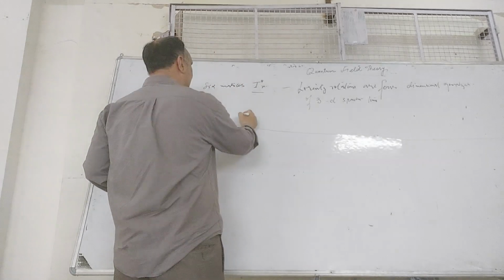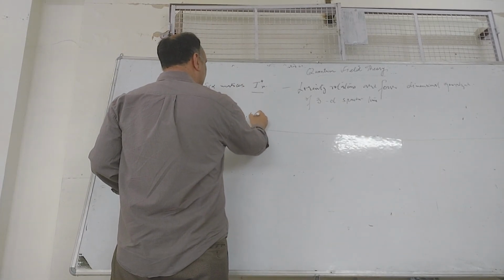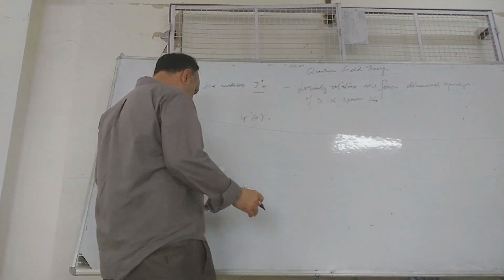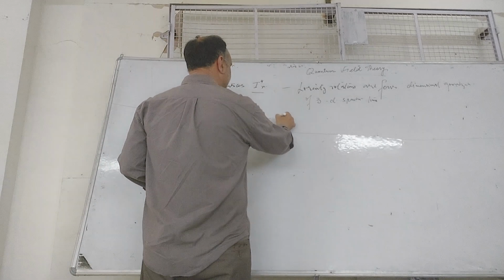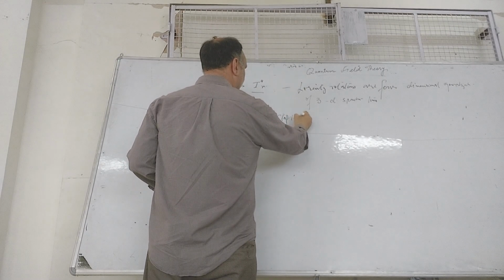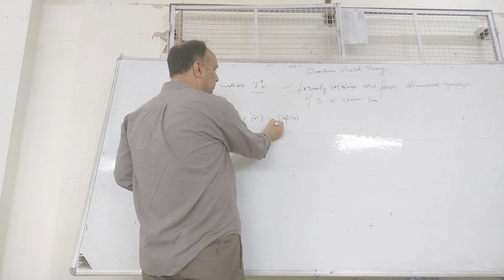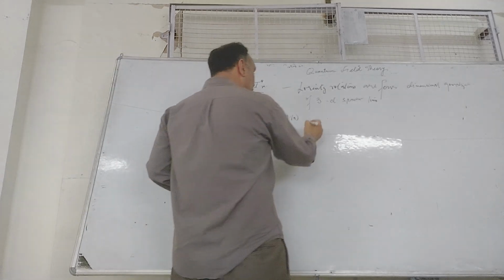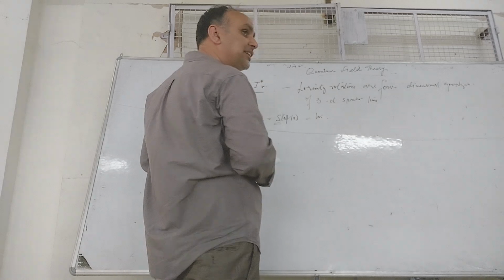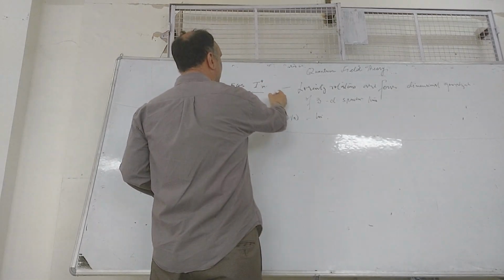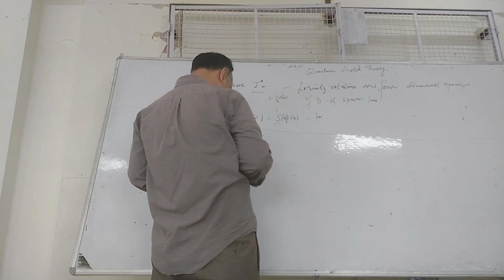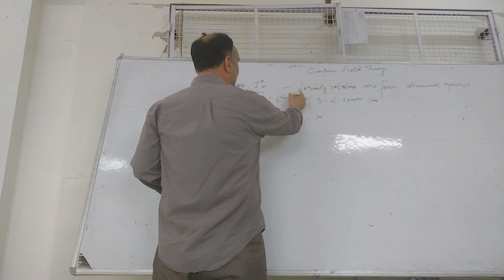So yesterday we had psi of x prime, this is one coordinate system. It's being mediated by psi of x. This is some transformation matrix S. So S is basically 1 minus iota by 4 sigma mu delta mu.